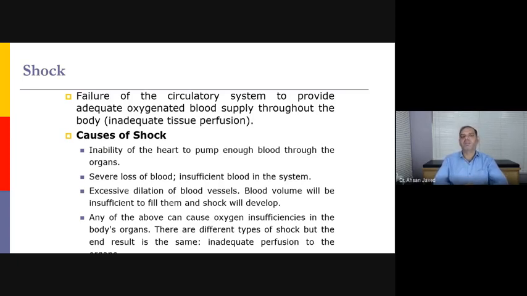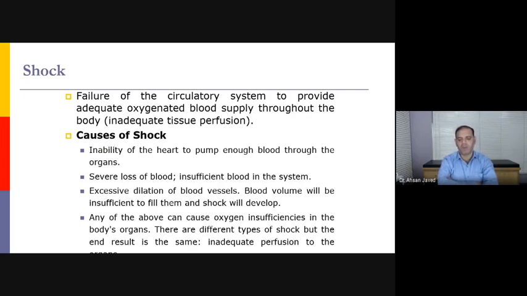As a result, less blood returns to the heart, eventually leading to less circulatory volume and a shock-like condition, or circulatory shock.